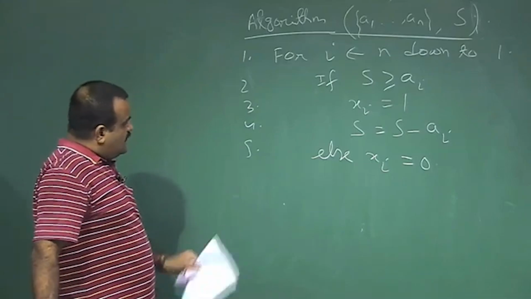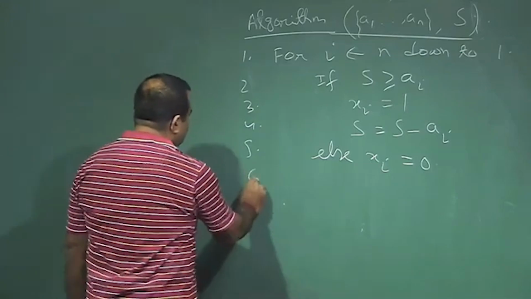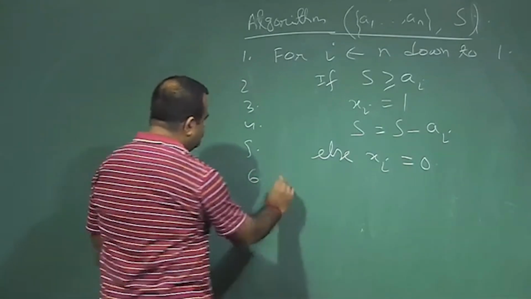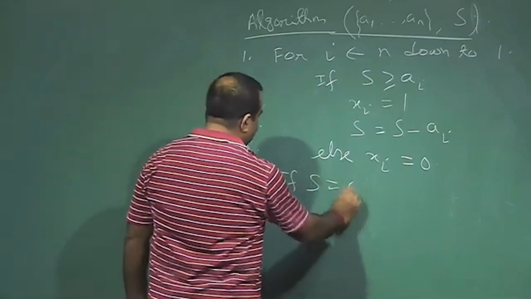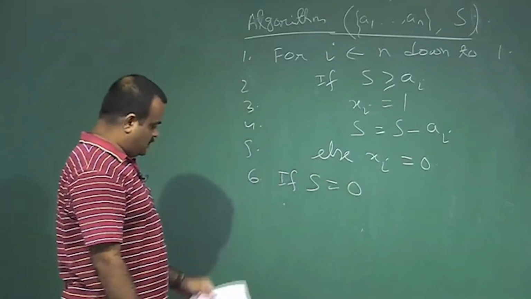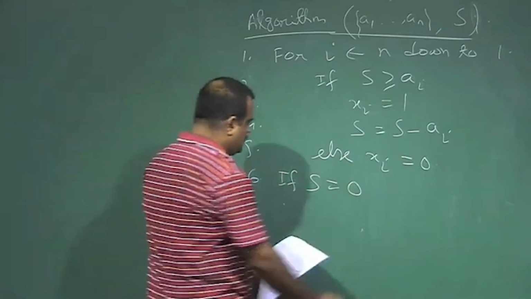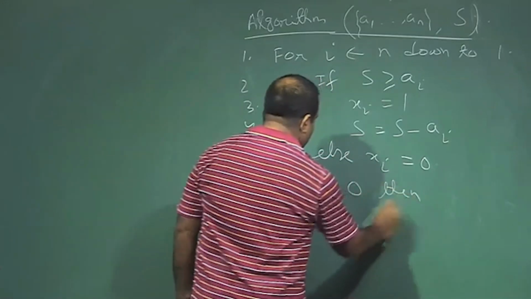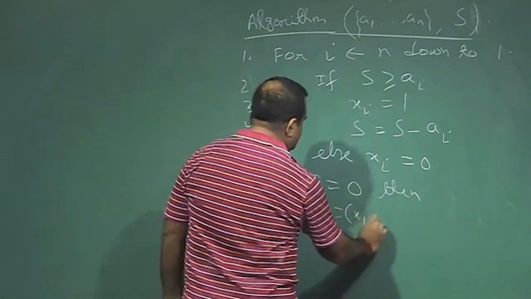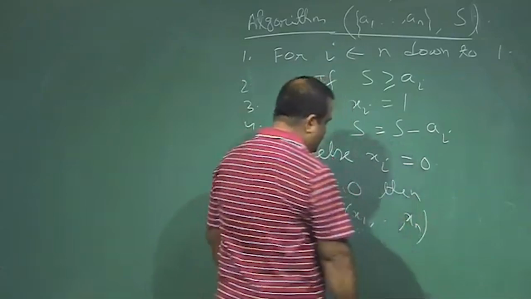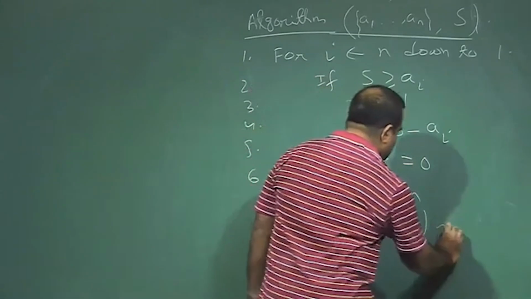So this is the loop, and then finally, if S is 0, then we return x1, x2, ..., xn as the solution.